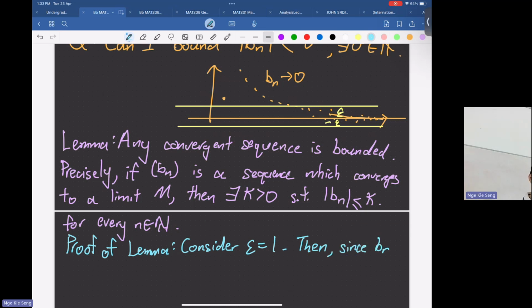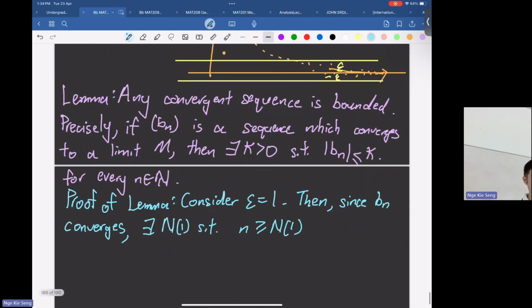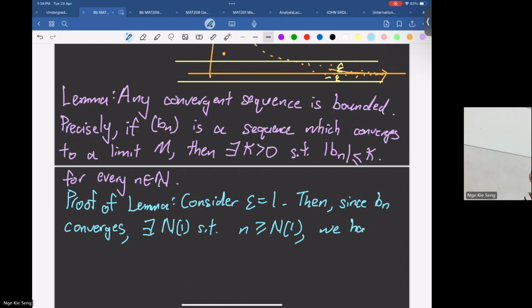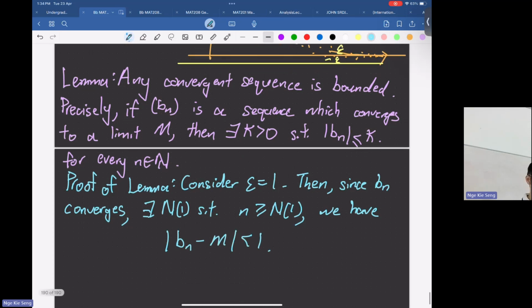since Bn converges, I fixed epsilon already, so there exists a capital N1, depending on this epsilon, such that for all n greater than or equal to N1, we have the absolute value of Bn minus the limit is less than 1.